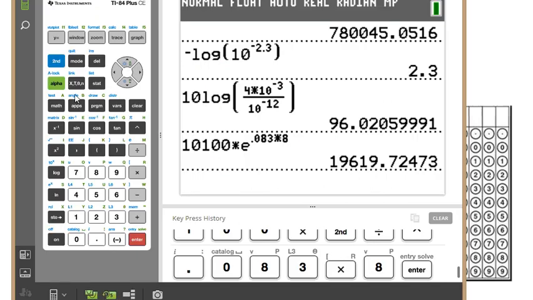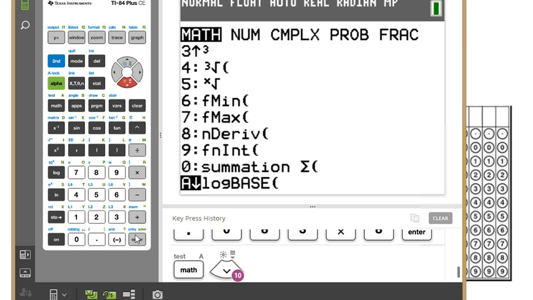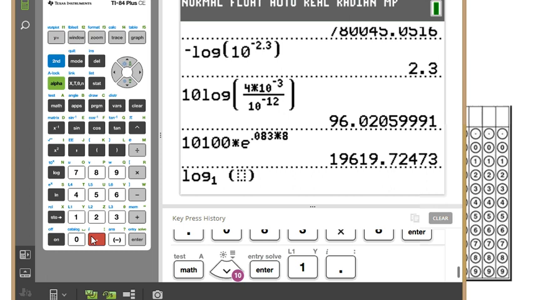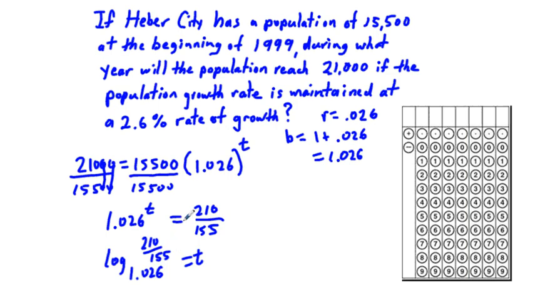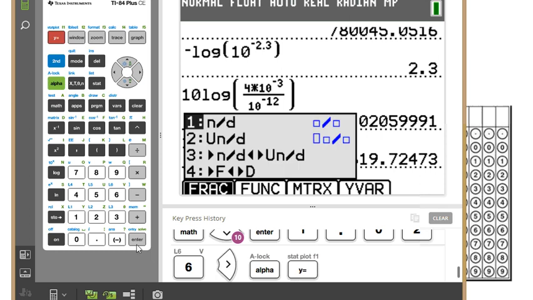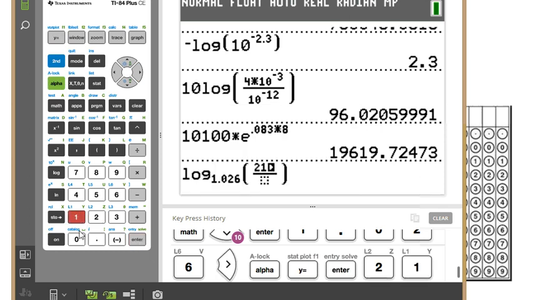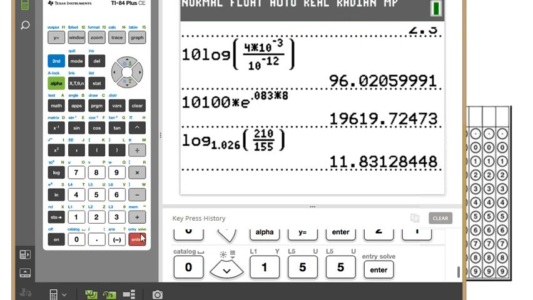So we have math, log base 1.026 of 210 over 155, and we get 11.83 years.